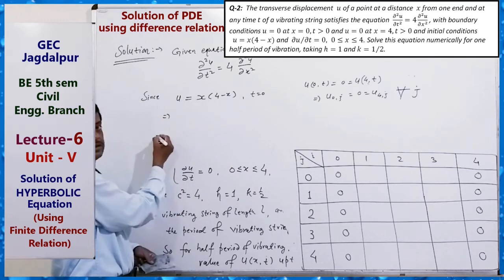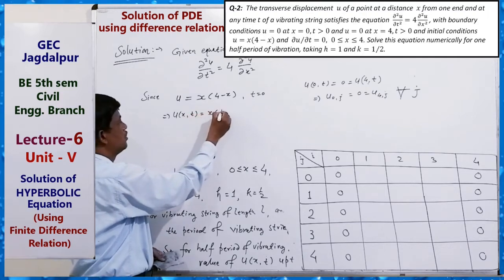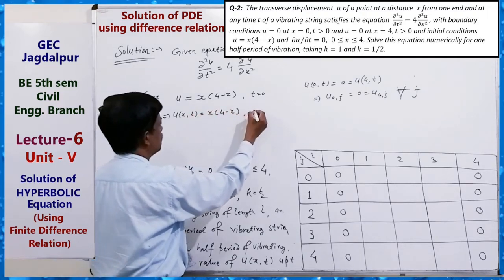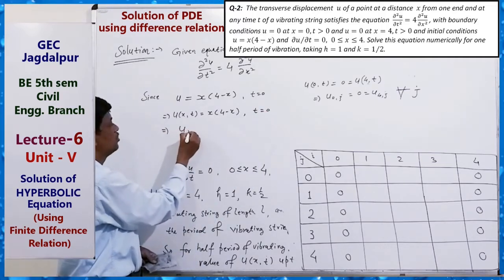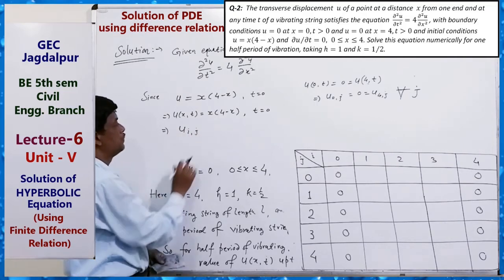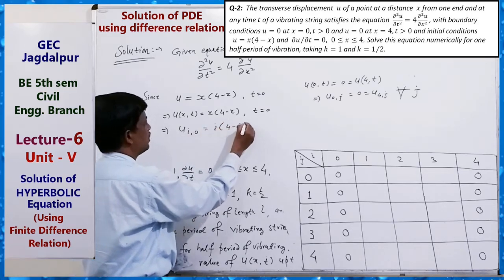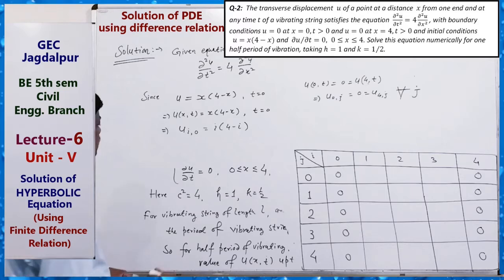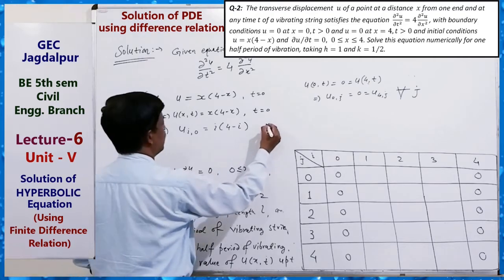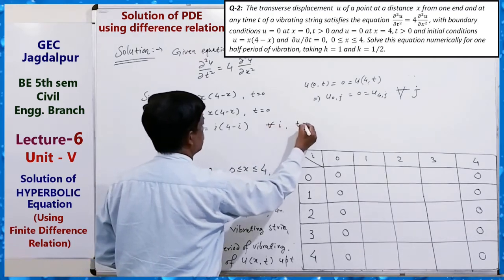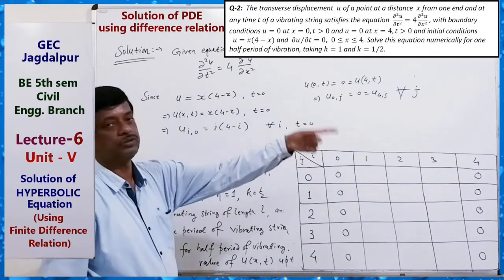So here u(x, t), that means u_ij, and this is 0, this is i(4 minus i). Okay, so u_i0 equals i(4 minus i) for all i, and t equals 0 means this level. i equals 1, 2, 3.